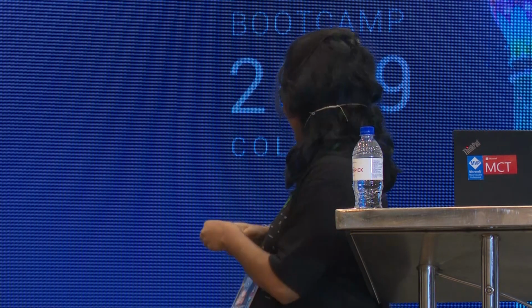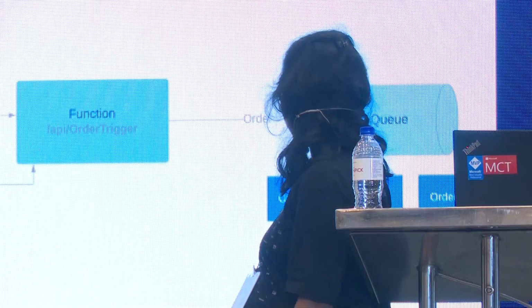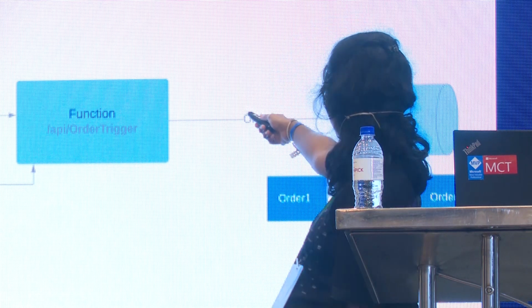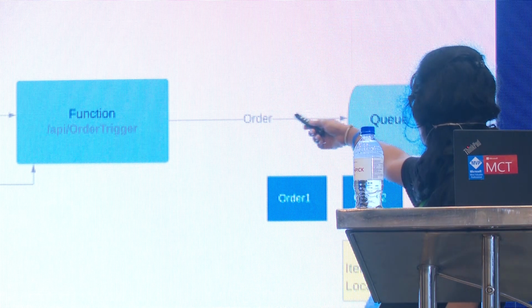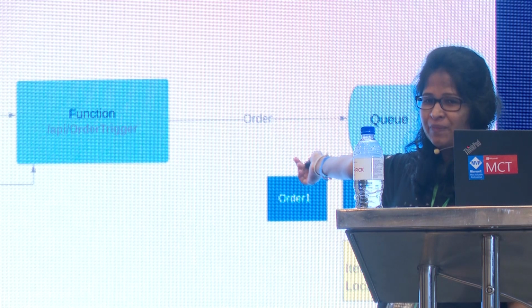So is that queue storage the input binding or the output binding? How many of you are saying that's an input binding? You have to select either input or output. So I will show you the diagram. This is our function and we are saving our order information in the queue.